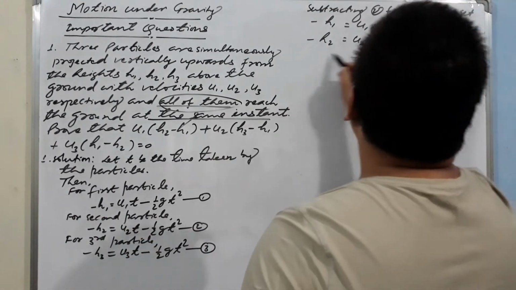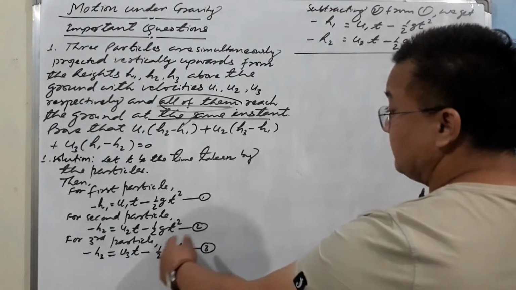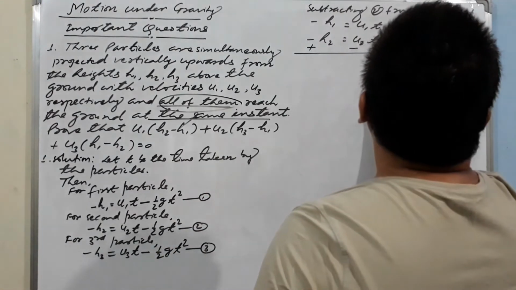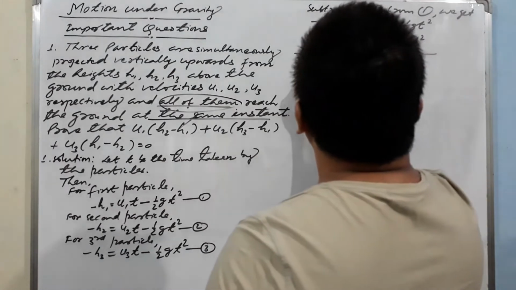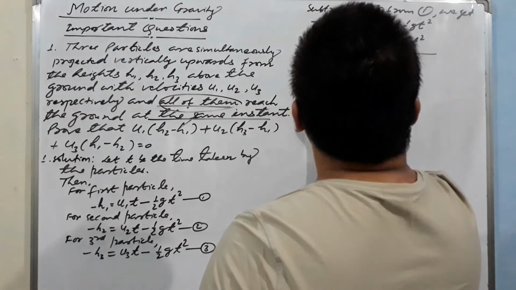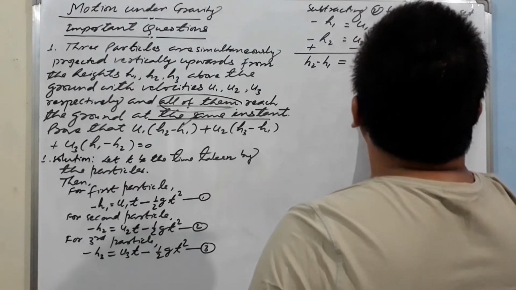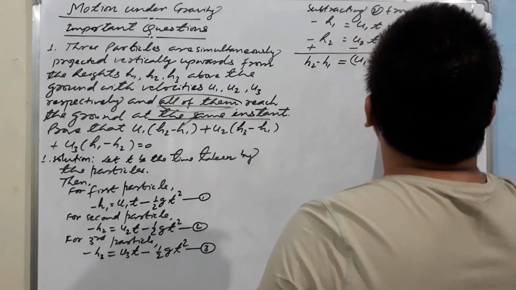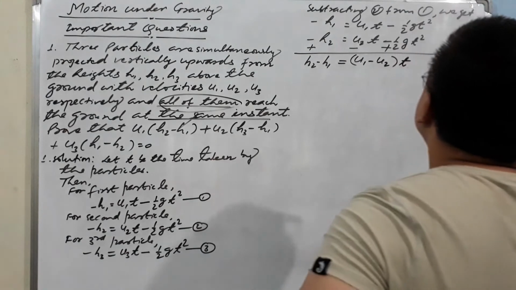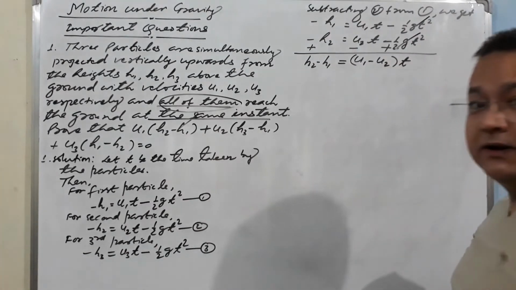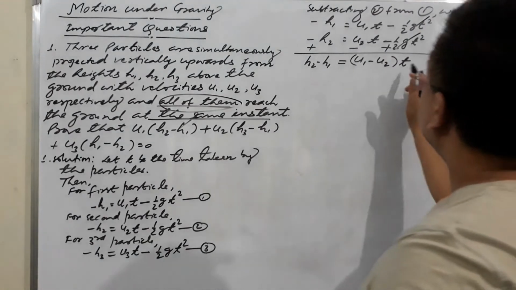Changing the sign, we get h2 minus h1 is equal to u1 minus u2 times t, and the gt square terms are the same, so they will cancel out.